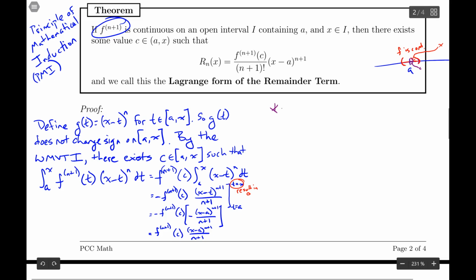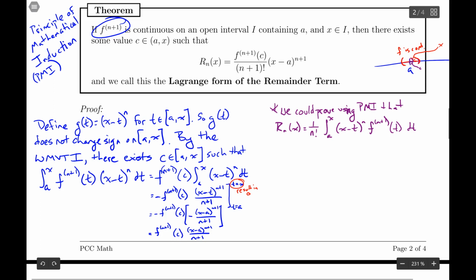But we could prove, using the principle of mathematical induction, that the remainder is actually always going to be equal to 1 over n factorial times an integral from a to x of x minus t to the power of n times the n plus first derivative at t dt.